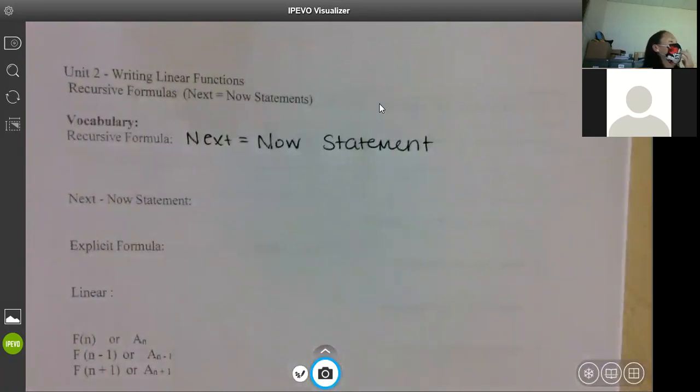It's probably close to halfway in your packet, maybe a little less than halfway. So again, a recursive formula. It's in there, I promise.